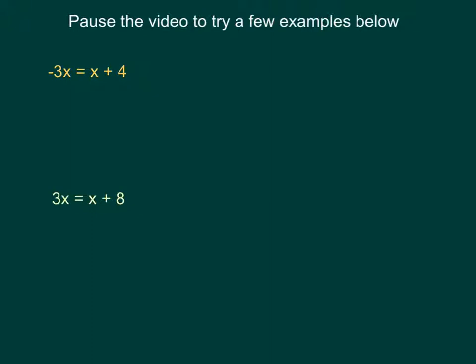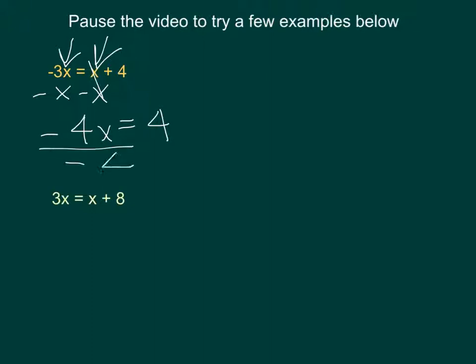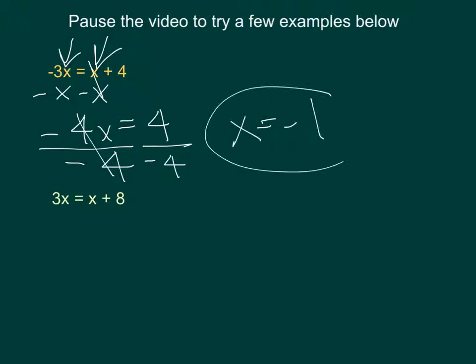For the first example, we have an x that's multiplied by -3 and an x that's adding 4. So we're going to subtract this x, canceling them out, subtract x from this side, so we have -4x equals 4. Now you divide both sides by -4, and we get x equals -1.